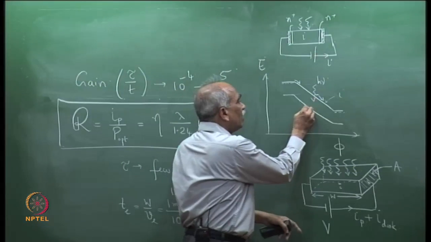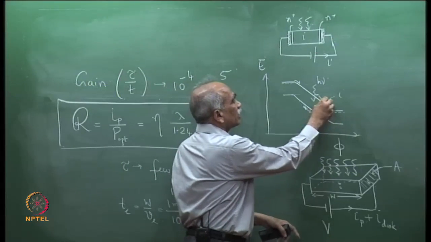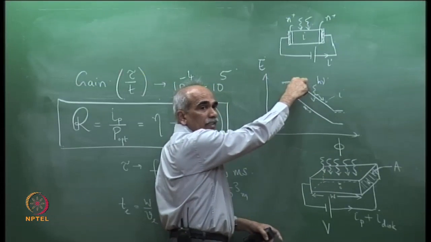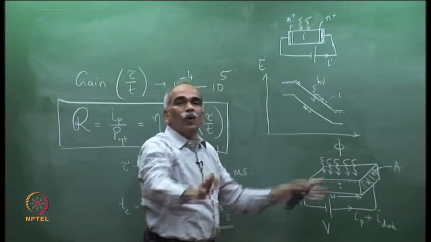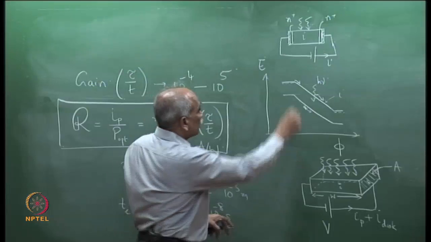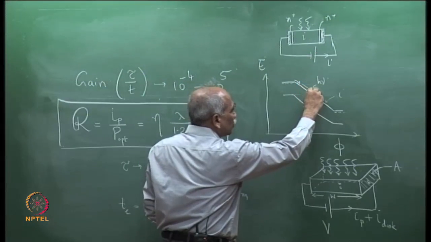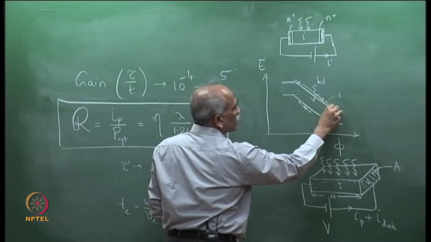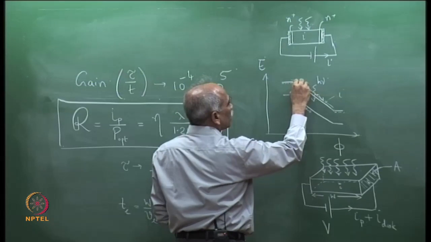Before the hole has come here, the electron has been collected. So, a second electron is released, because once it is collected, it has gone into the conductor. So, this electron again starts going down, the hole is further proceeding and is collected here, and the next electron is released.